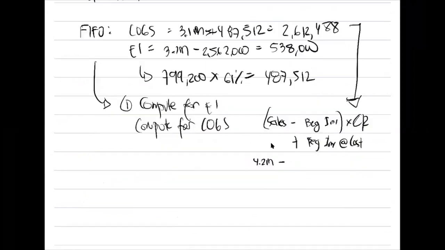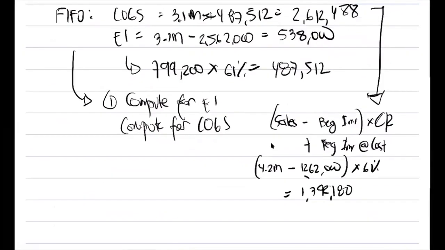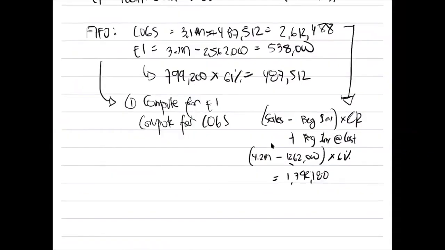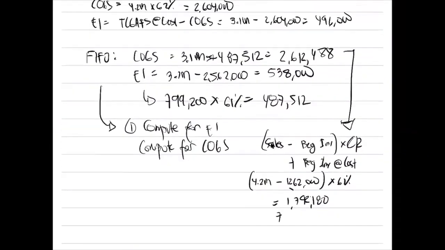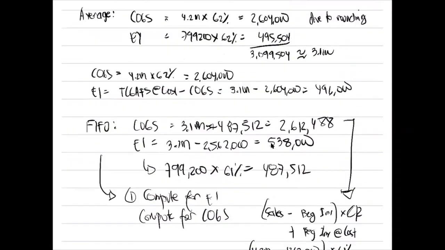So ibawas natin yung 1,262. Multiplied by 61%. How much? So 4.2 million less 1,262 times 0.61 will give us 179,180 plus our beginning inventory at cost. How much is our beginning inventory at cost?